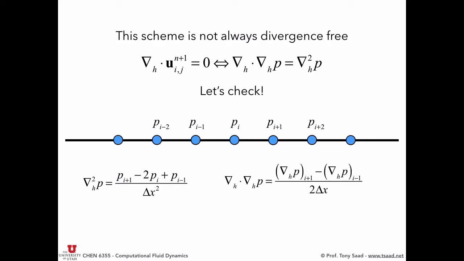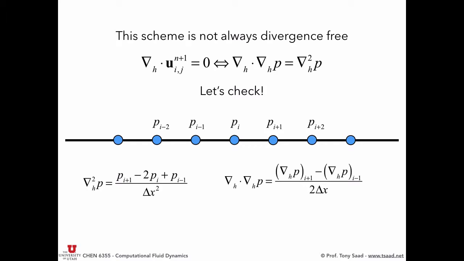So div grad is div of grad. So that's grad p at i+1 minus grad p at i-1. So div grad p at this point i is grad p_{i+1} minus grad p_{i-1} over 2 delta x.